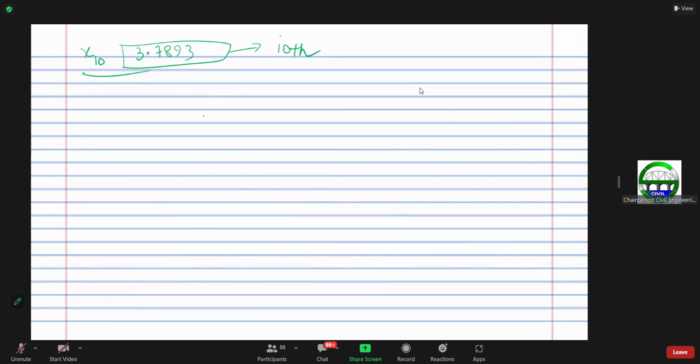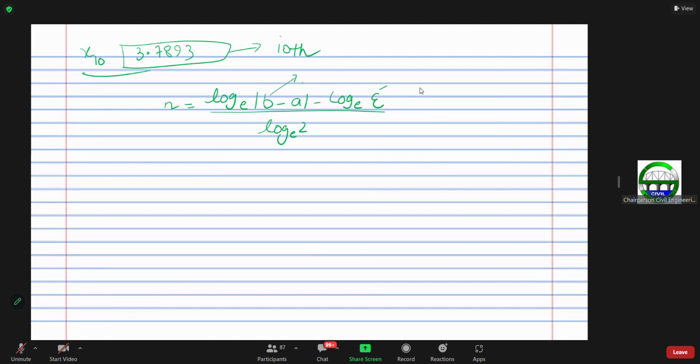So the formula is n is greater than or equal to log of the magnitude of b minus a, minus log of e, where e is the error tolerance, divided by log of 2. Okay, so this is the formula.